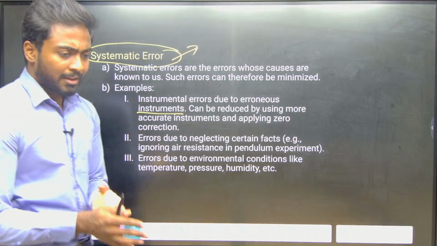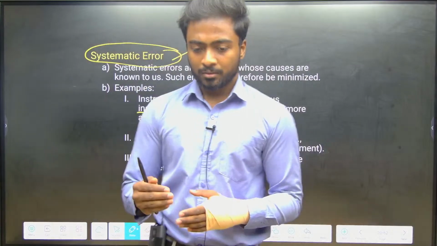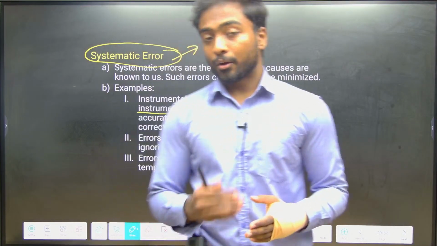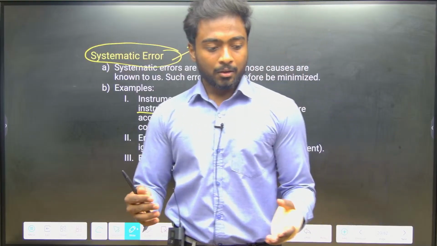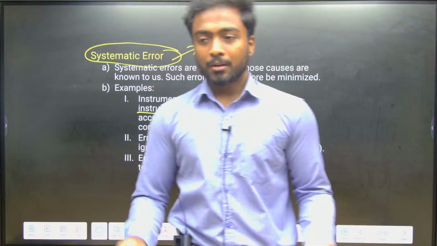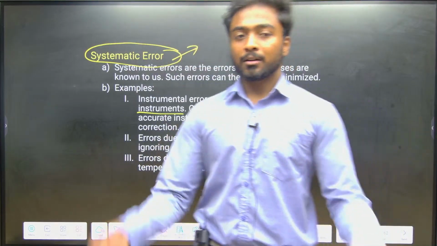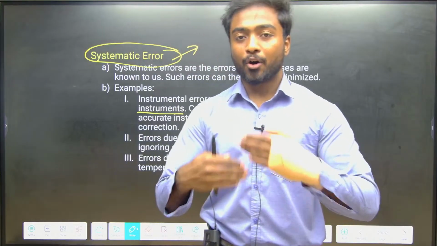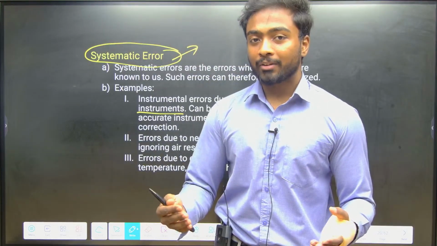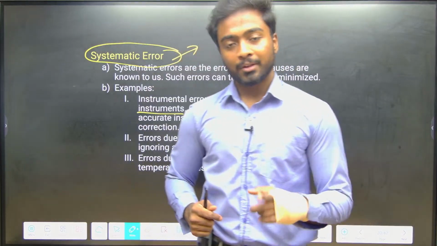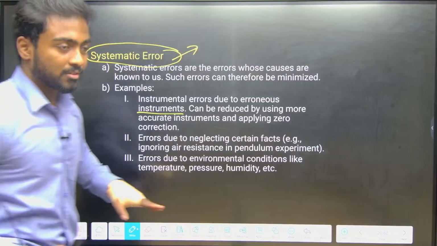Like when you go to the gym, you are lifting a weight. Suppose for biceps you are lifting casually, but when you keep on doing it regularly, you will rectify the mistake, you will reduce the mistake, right? The same thing we will do in physics also.